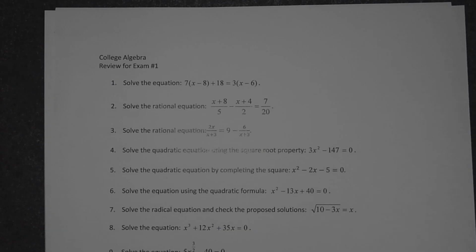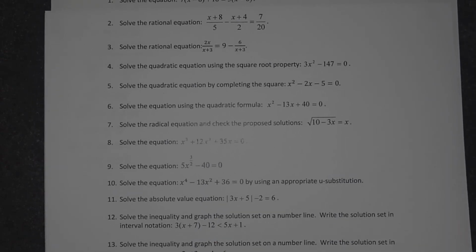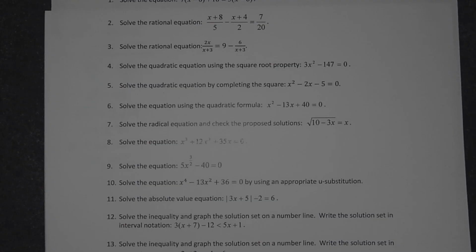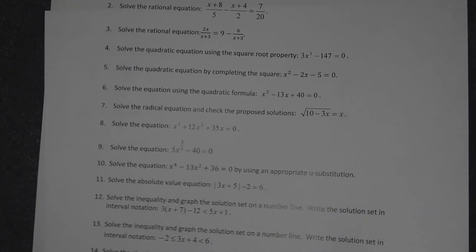All right, problem number 5 is solving the quadratic equation by completing the square. And here we got x squared minus 2x minus 5 equal to 0.